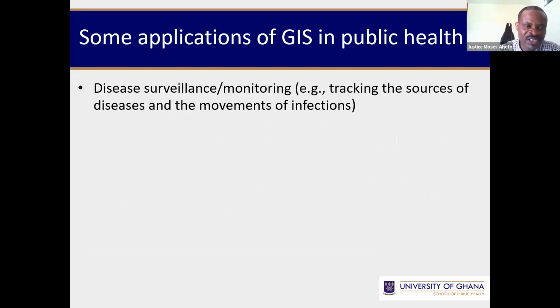So some of the applications, you can think about disease surveillance or monitoring. Example, tracking the sources of diseases and the movement of infections. For instance, during COVID-19, all of you have seen what happened. If you read the literature, those who have undertaken some spatial modeling or mapping, you see them telling you that in a given country, the spread of the disease and its movement is not uniform across countries.